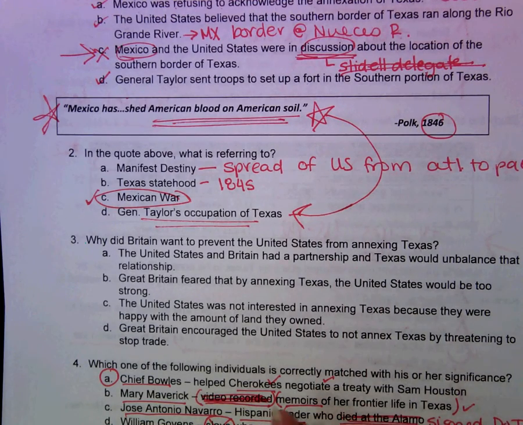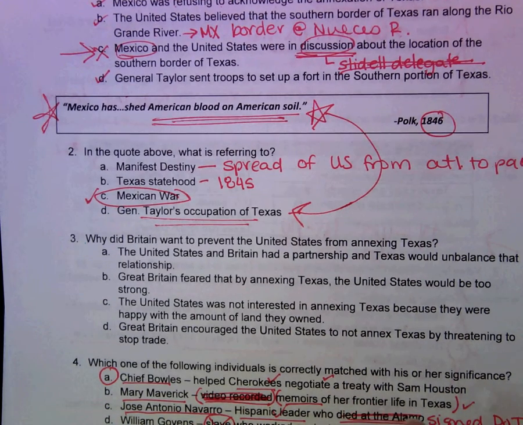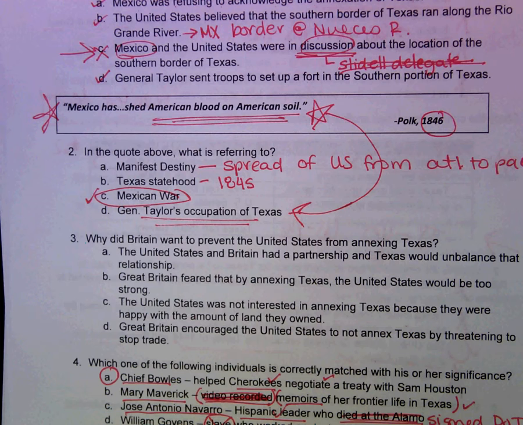Others. Hannah? No, I have a question also. Why would he say that if he's the one who provoked it in the first place? He provoked the Mexicans because he knew that they thought the border was elsewhere. That's how he provoked it. I know, but why would he say that then if he knew that he provoked it? Politicians. Because that's how the politicians were able to get the war started. Do you want American bloodshed on American soil?